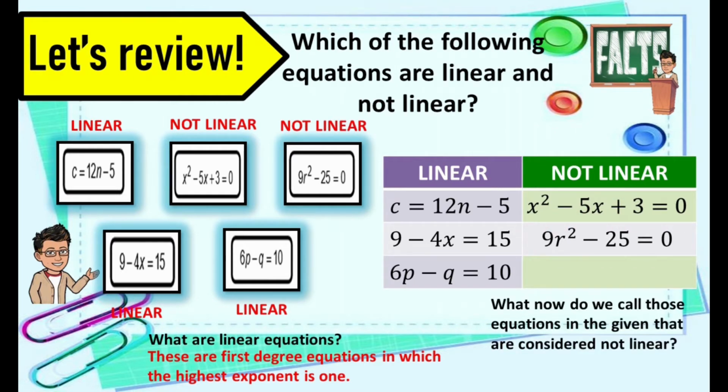The question is, what now do we call those equations in the given that are considered not linear? The answer is quadratic equations. So, we are going to call the following equations on the not linear side as quadratic equations.